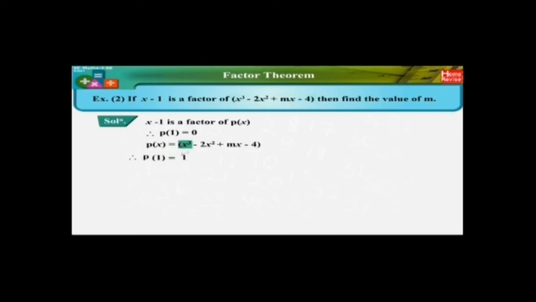And P of 1 will be equal to 1 cube minus 2 multiplied by 1 square plus m multiplied by 1 minus 4, which is equal to 0. It is 1 minus 2 multiplied by 1 plus m minus 4 equals 0, which is 1 minus 2 plus m minus 4 equals 0. So m minus 5 is equal to 0.